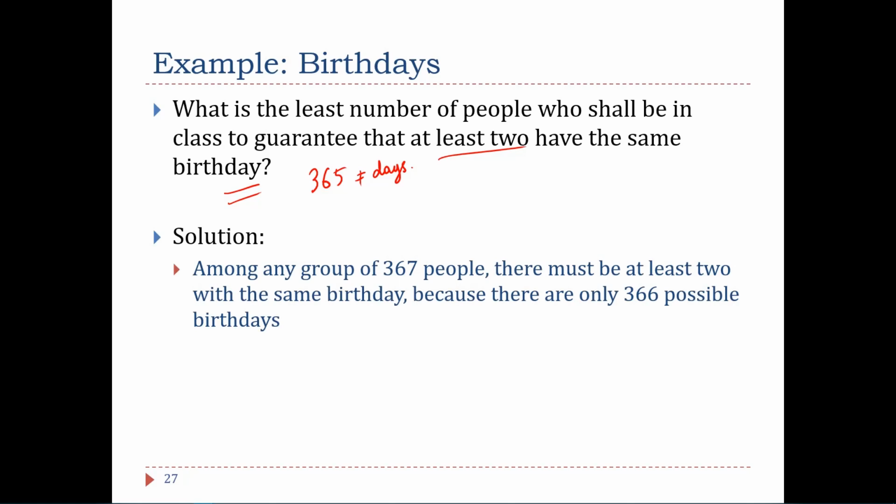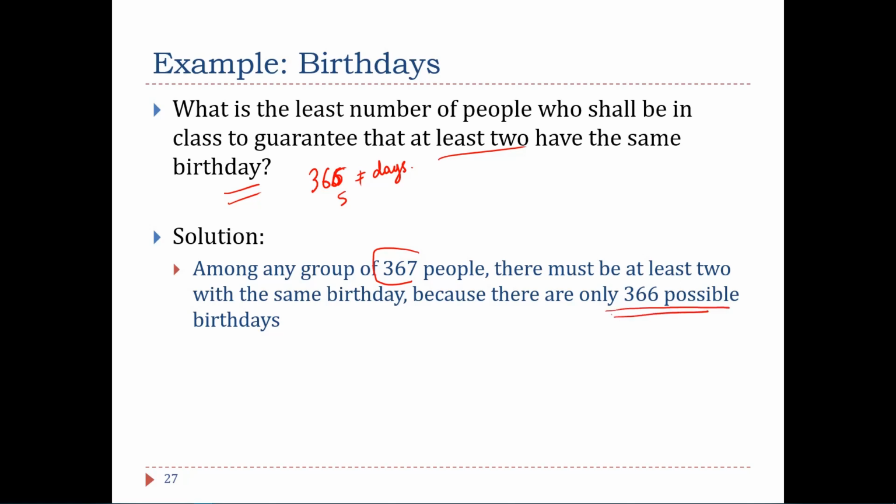Actually, suppose it's 366 different days, then you need 367. If you consider it's 365, then you need 366 different people, because there are 366 possible birthdays.